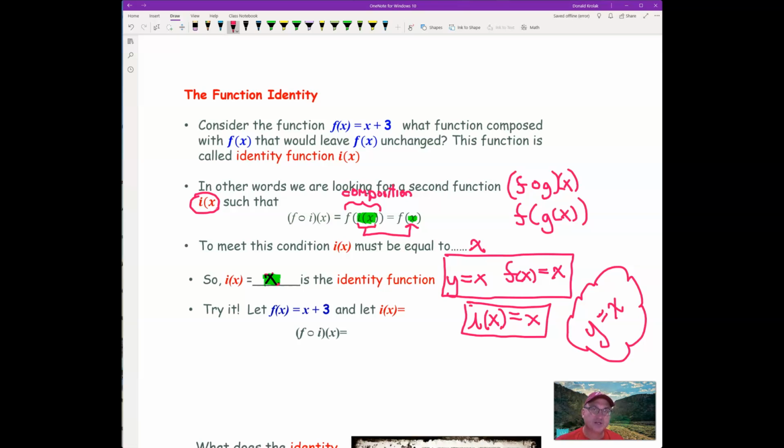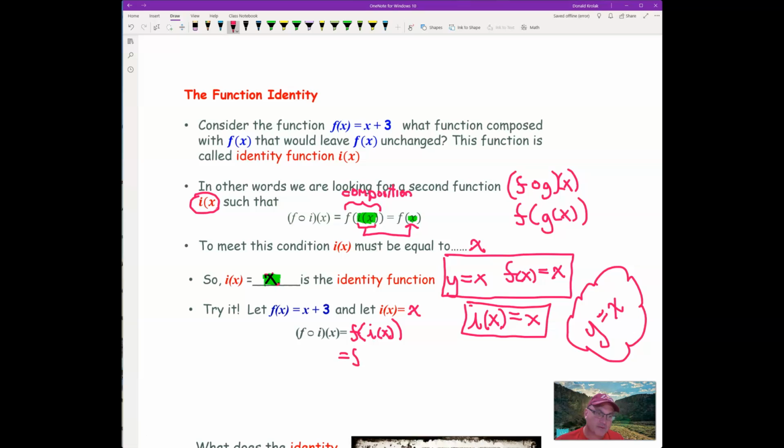So let's try it here. I'm going to take f of x, and I'm going to let I of x equal x. And I'll show you that when we do this, we end back up with x plus 3. It doesn't change. So I'm going to take f, and I'm going to compose it with I of x.